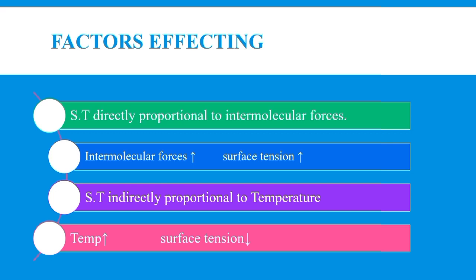So due to the increase in temperature, the surface tension decreases, because surface tension is actually the reaction force acting between the molecules, and when the attraction between molecules decreases, the surface tension decreases. From this slide, we have studied that surface tension is directly proportional to intermolecular forces and inversely proportional to temperature.